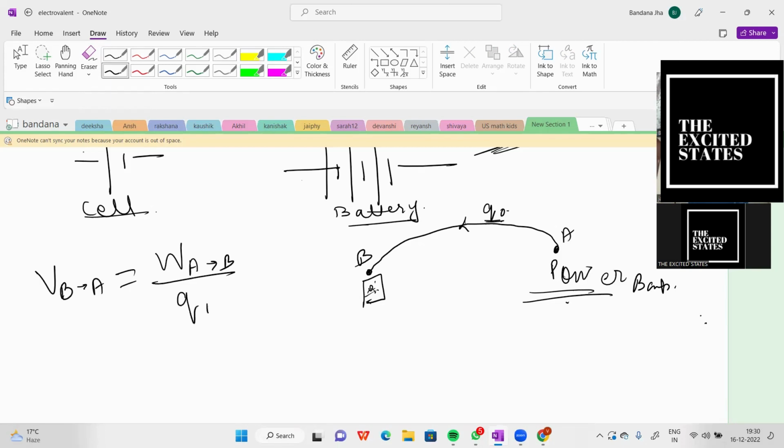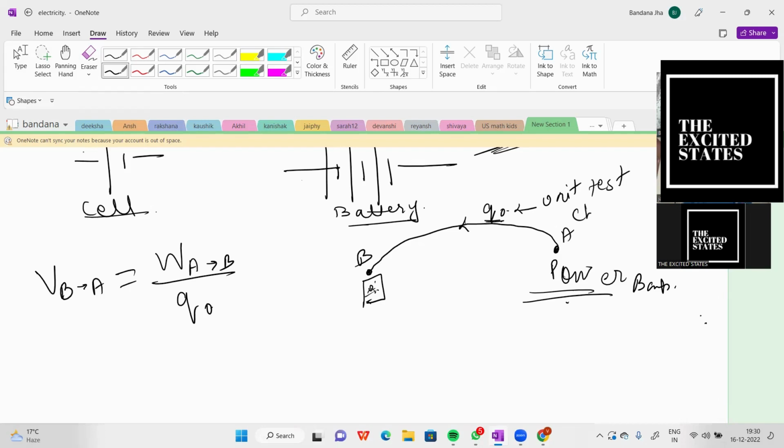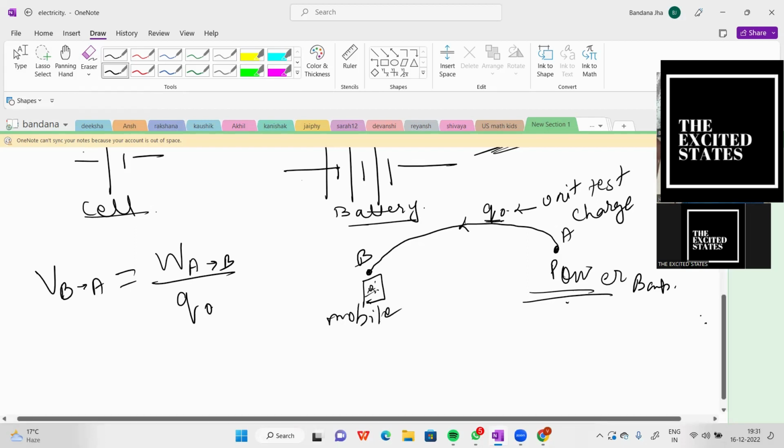The unit test charge will move from your source A, the power bank, to your mobile phone. You will study these things in upcoming classes. So potential difference is basically how much work is required to move the charge from point A to point B.